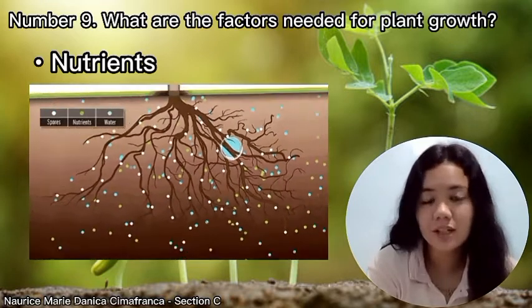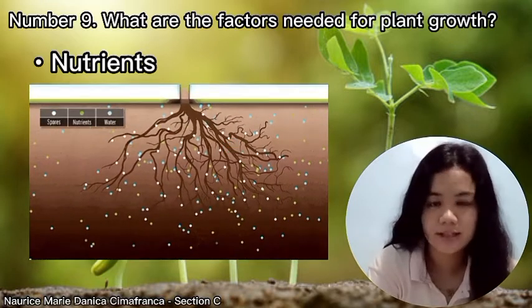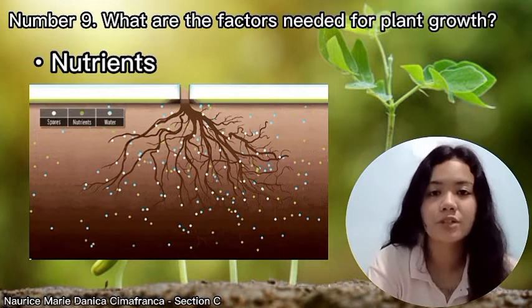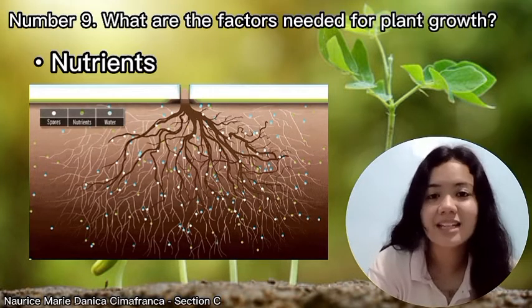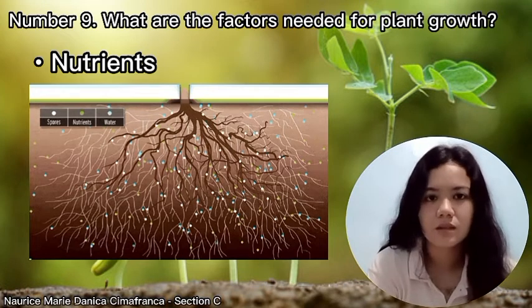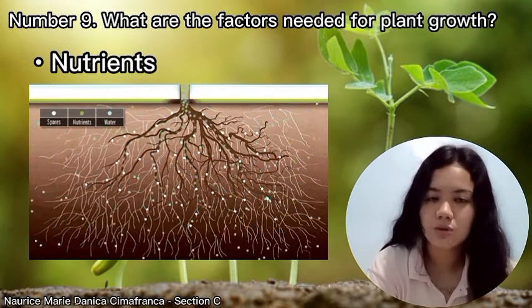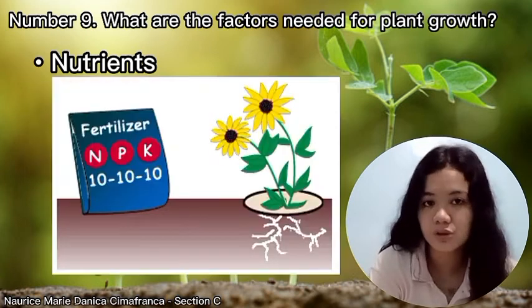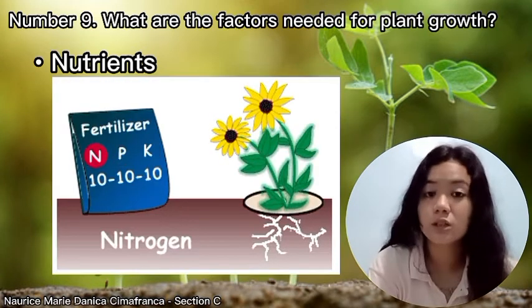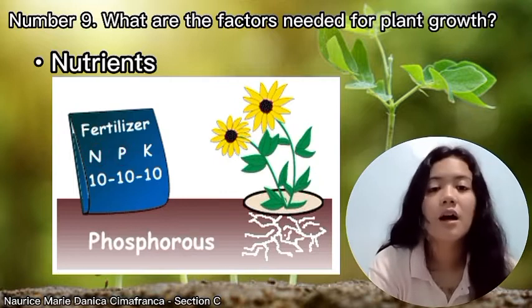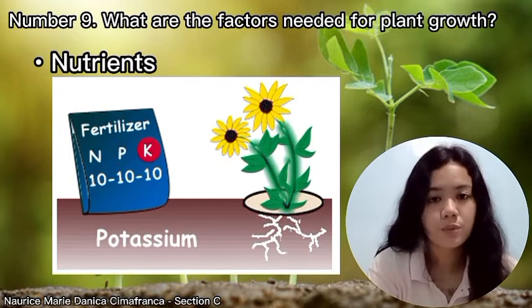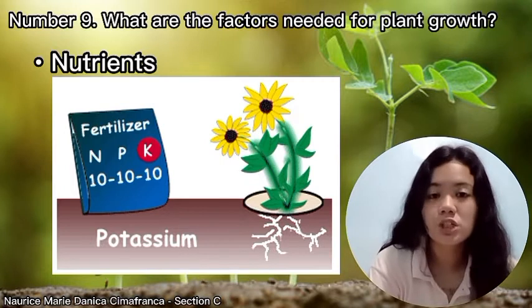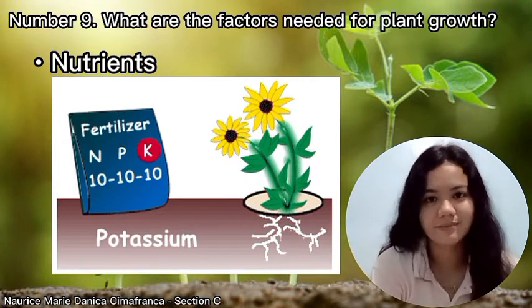There are two categories of soil nutrients needed to improve plant growth, and these are the micronutrients and the macronutrients. Plants need more macronutrients than micronutrients, and examples of macronutrients include phosphorus, magnesium, potassium, sulfur, calcium, and nitrogen.